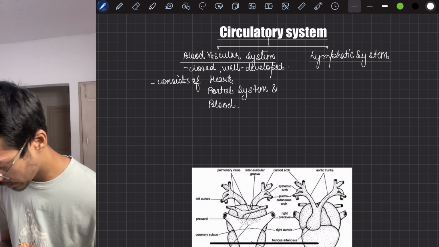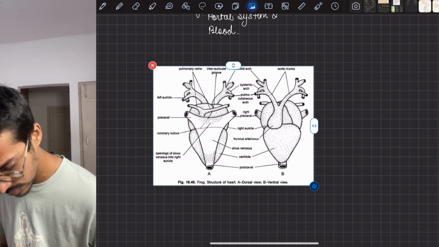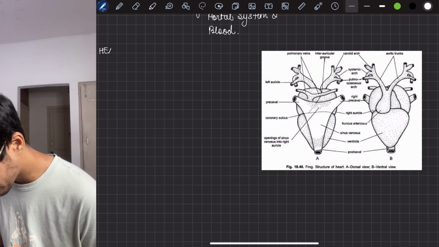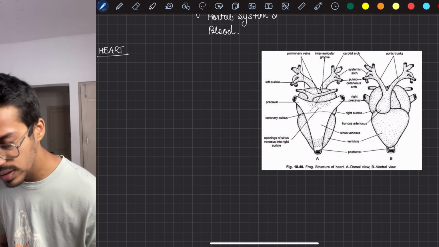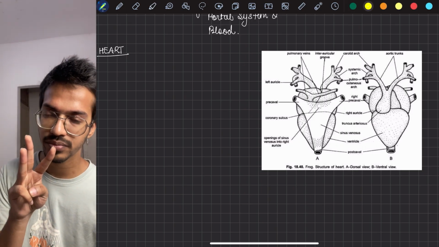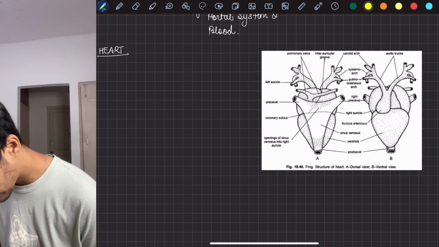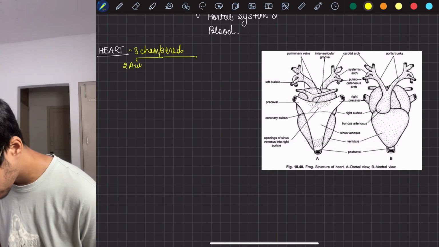Moving on one by one, let's see the heart first. First of all, remember that the heart is three-chambered: two auricles and one ventricle.